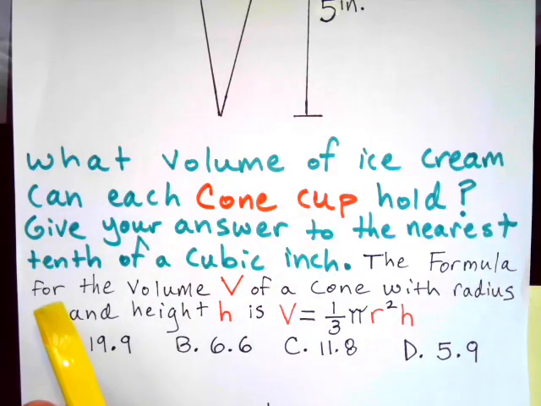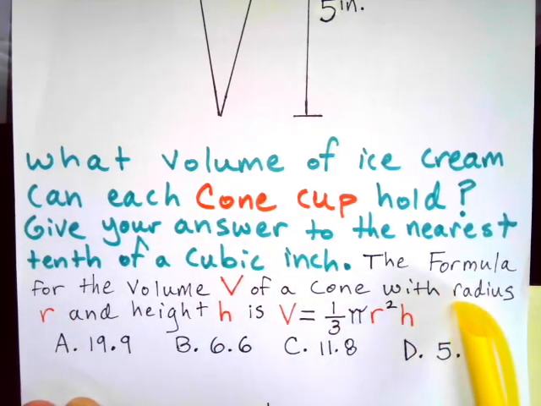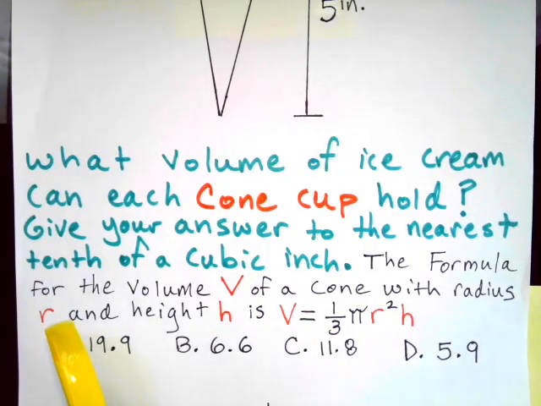The formula for the volume of a cone with radius r and height h is V equals 1/3 times pi times radius squared times the height. You have option A, 19.9 or 19 9/10. B, 6 6/10 or 6.6. C, 11.8 or 11 8/10. Or D, 5 9/10 or 5.9.